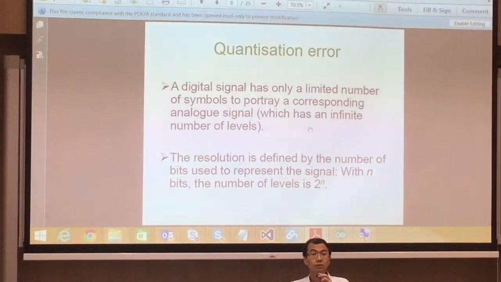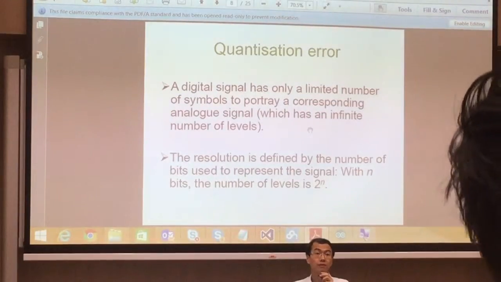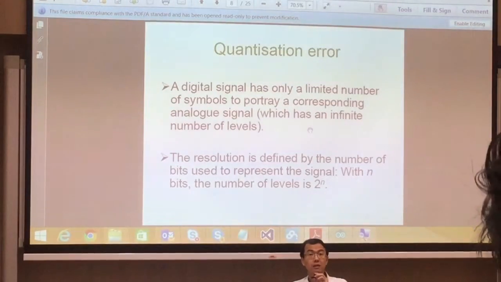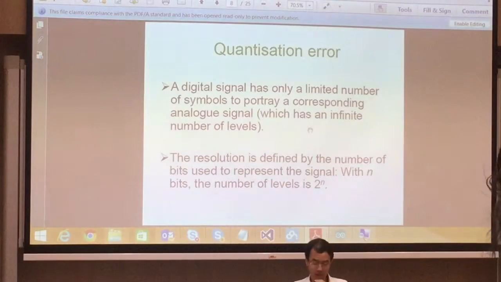Because for any digital signal, it can be 10 bits, 12 bits, or 16 bits. Whatever it is, you have a limited number of bits to represent the analog signals. So there is a quantization error for this case.